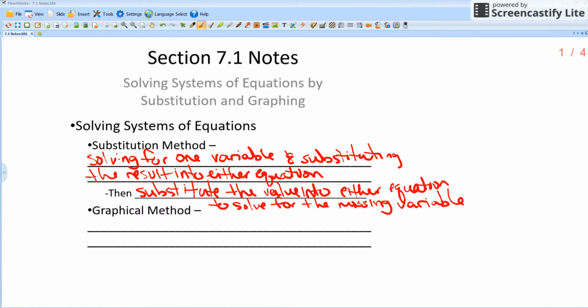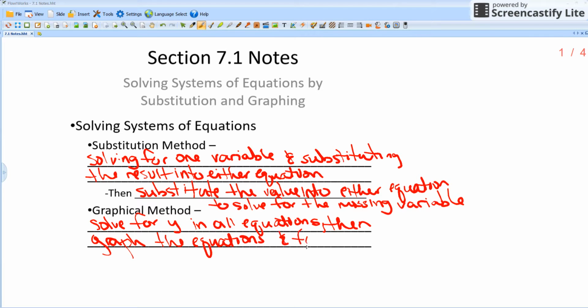Graphical method is a little bit different. In the graphical method, we're really going to be using our graphing calculators. And what we do is solve for y in all equations, then graph the equations and find the intersection point.